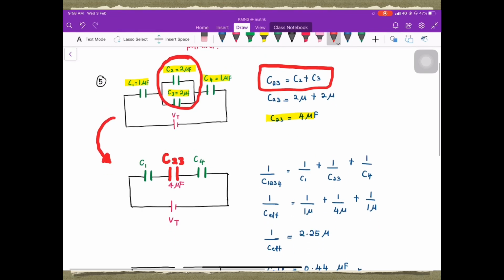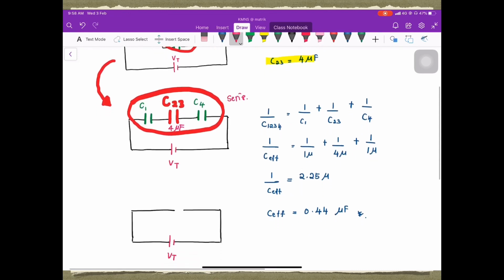After that, now we need to combine C1, C23, and C4. Now look at this arrangement or combination, series or parallel? Series.